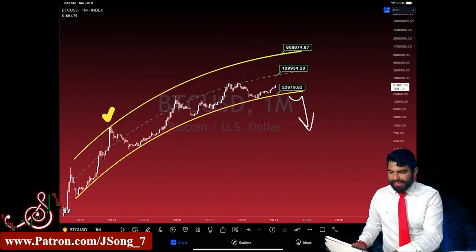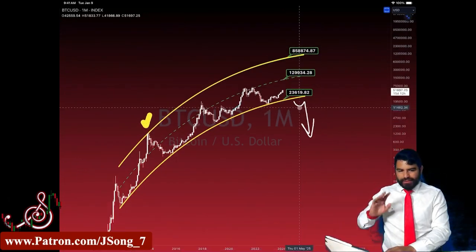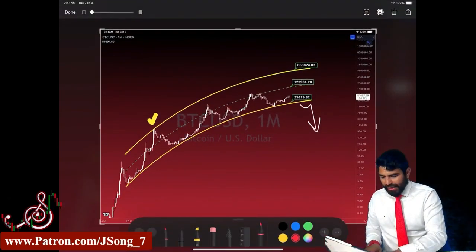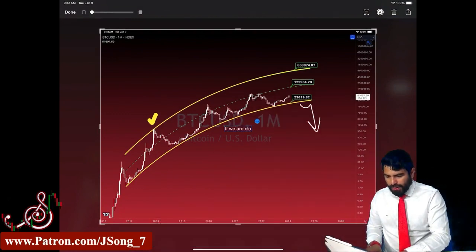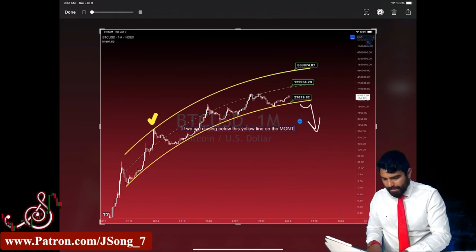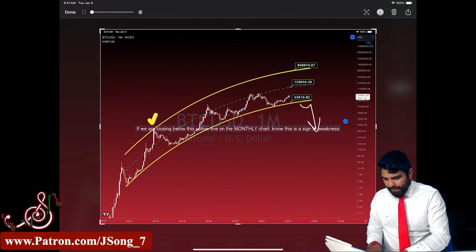And you can see that on the monthly chart. If we're just closing below there on the weekly or daily, it's not enough. I want to be closing there on the monthly chart. Okay, we could put something like this. If we are closing below this yellow line on the monthly chart, we would know this is a sign of weakness.